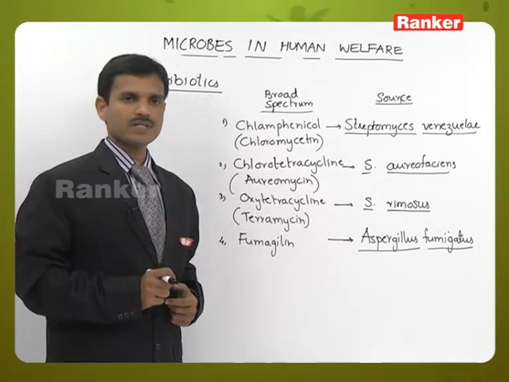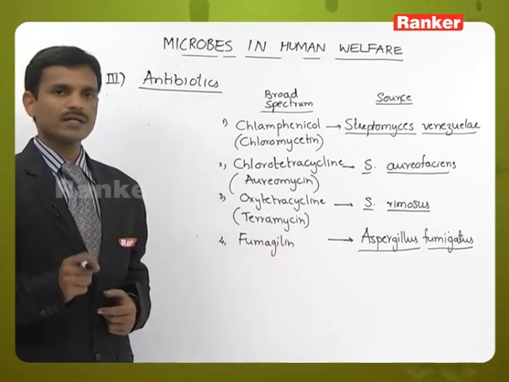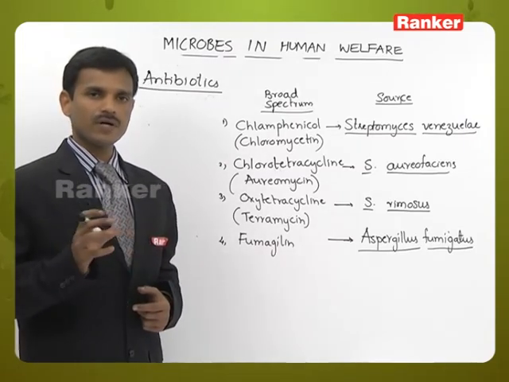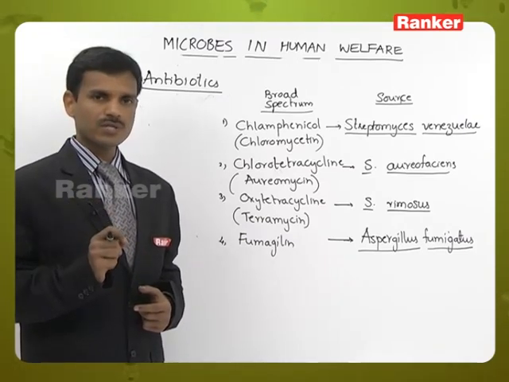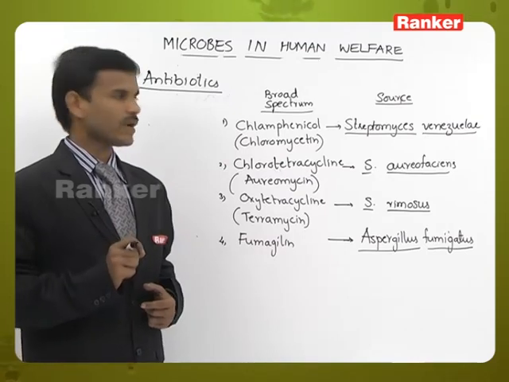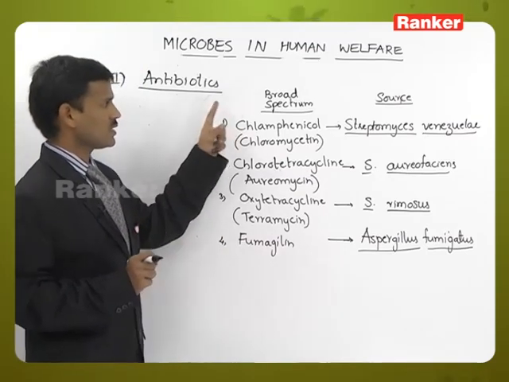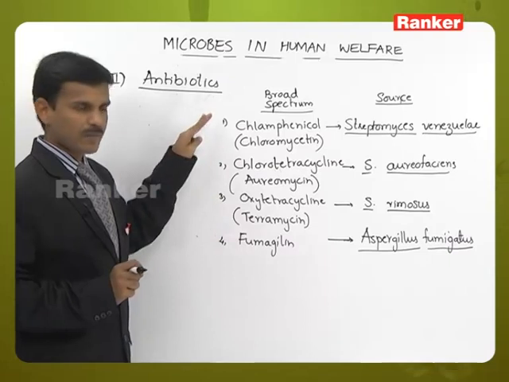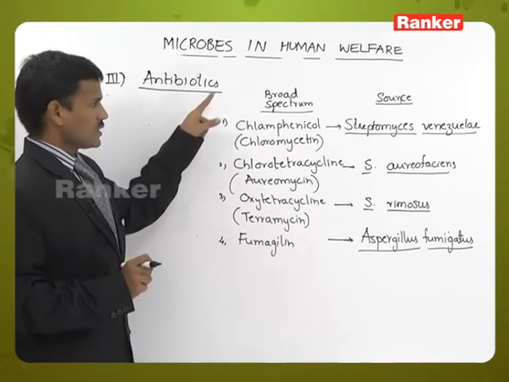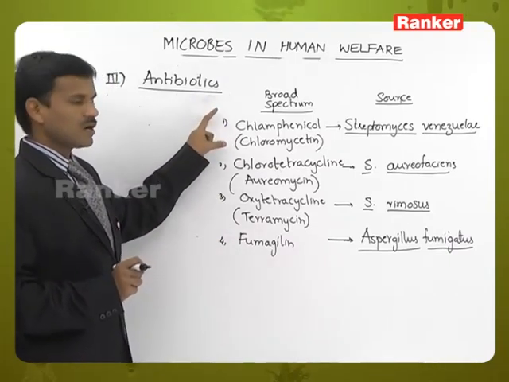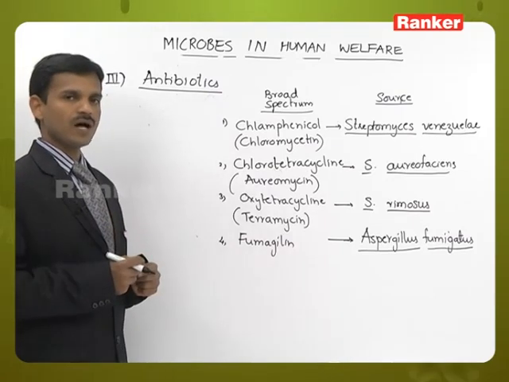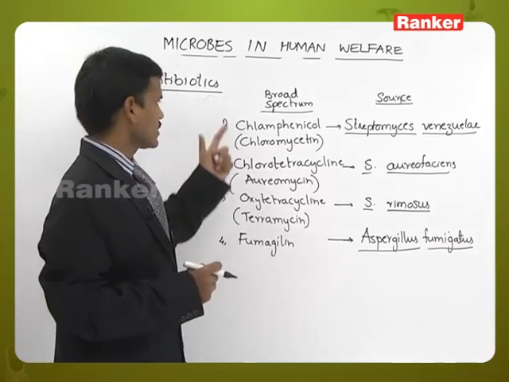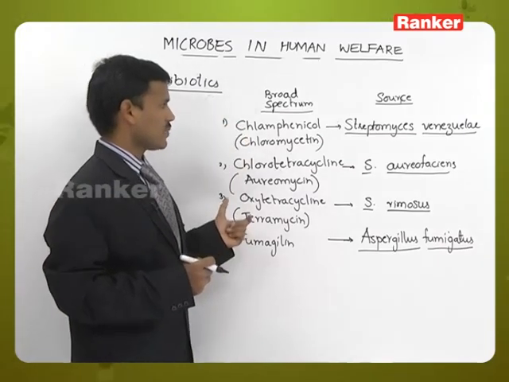Broad spectrum means the antibiotic kills different types of organisms. The pathogenic microbes are killed by these antibiotics. Different groups of pathogenic organisms are killed by these broad spectrum antibiotics.